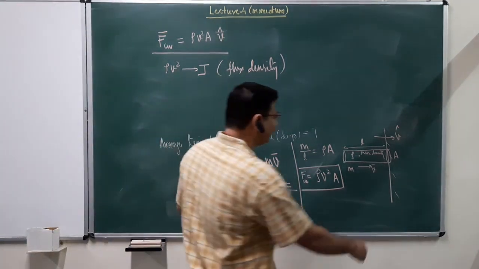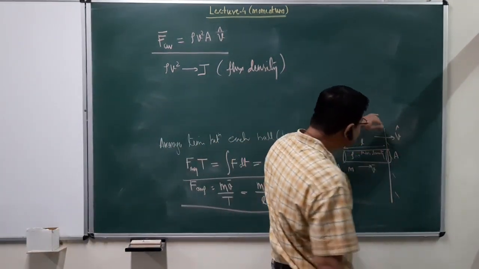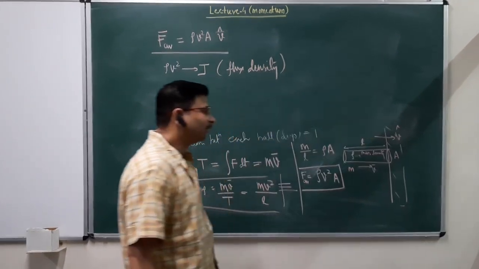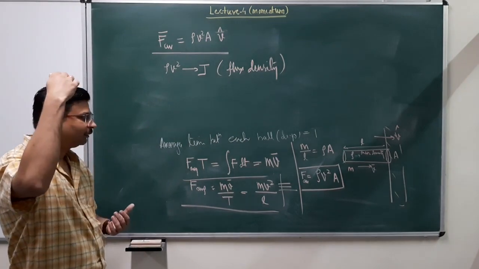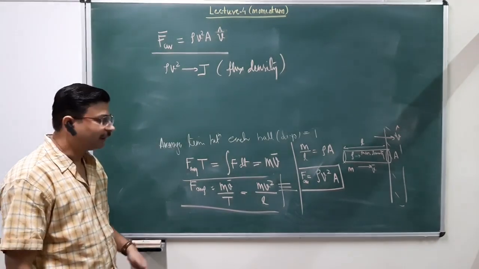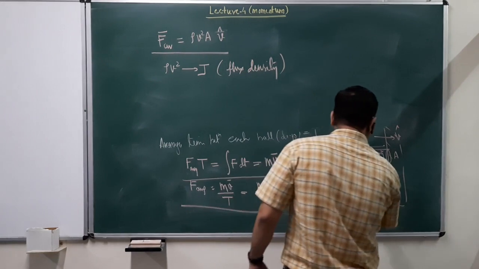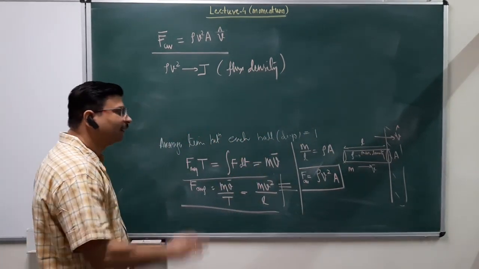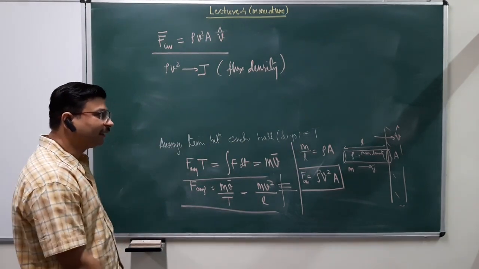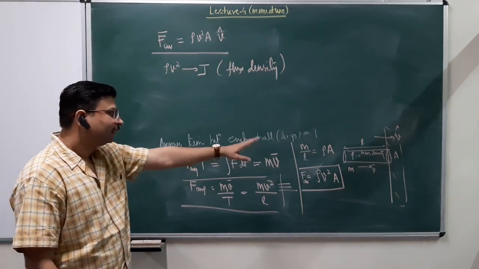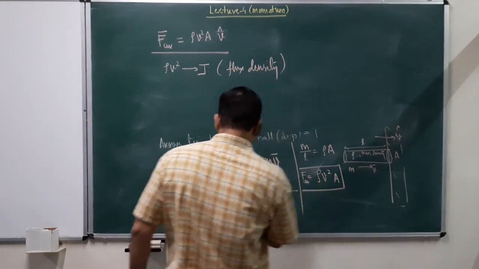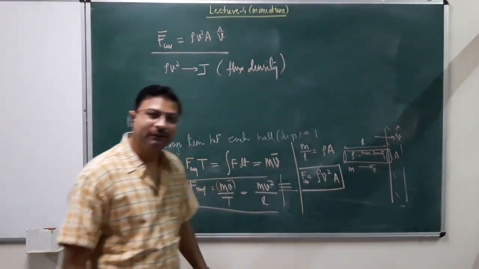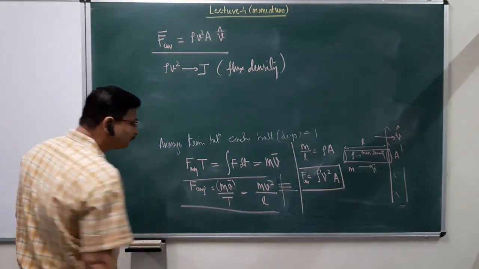So for example, if I slightly change my problem and say that now instead of a wall, I take this as a virtual plane or an arbitrary plane, and I say that in unit time, some mass is flowing with velocity v across this plane with the cross-sectional area A, then effectively this is the same as saying that momentum mv is flowing through that cross-sectional area in time t, right?